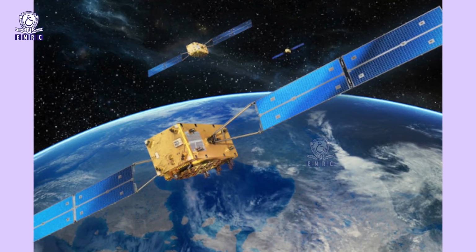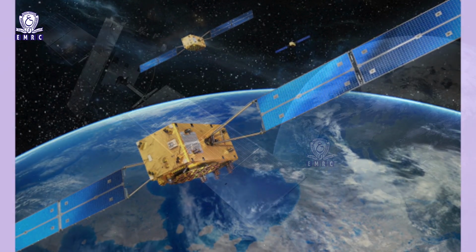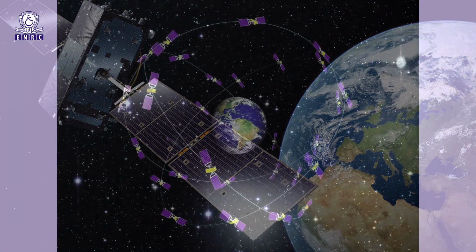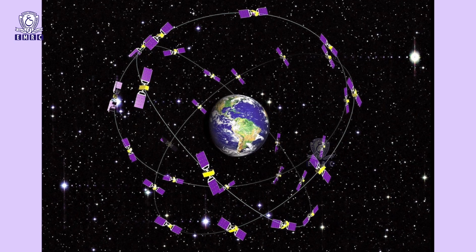The fully deployed Galileo system will consist of 30 operational satellites in 6 orbit pairs. As of now, 22 out of 30 satellites are in orbit. Galileo started offering early operational capability from 2016 and is expected to reach full operational capability by 2020.